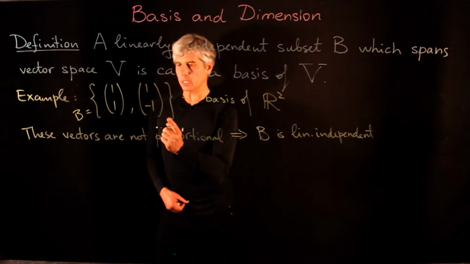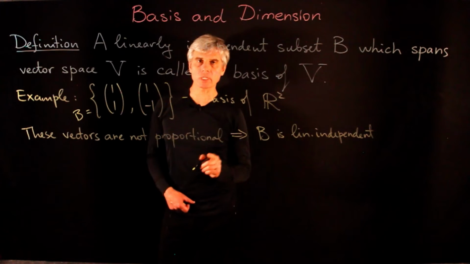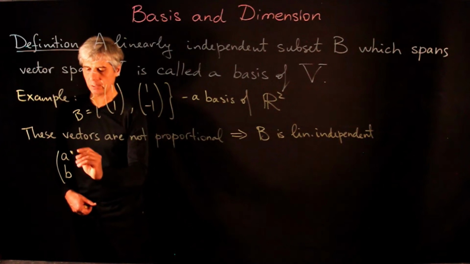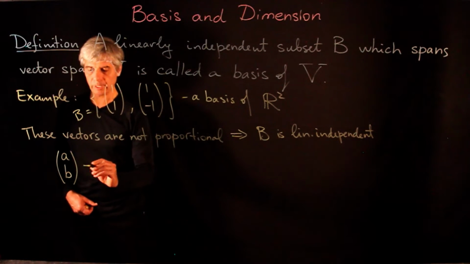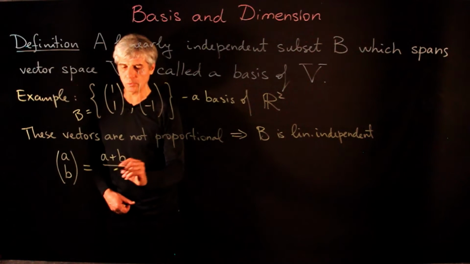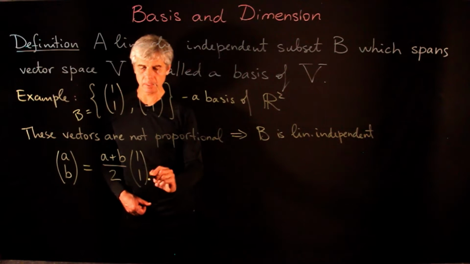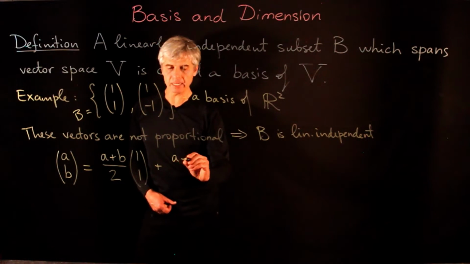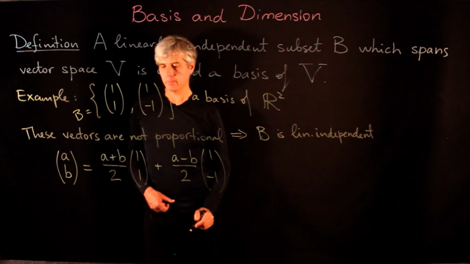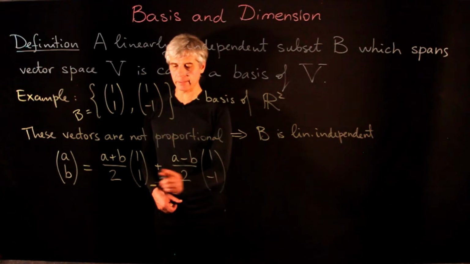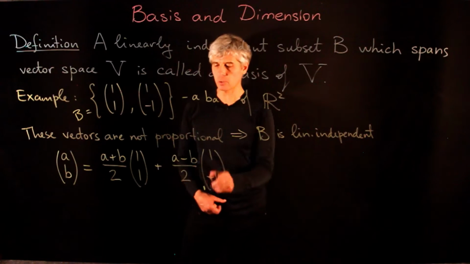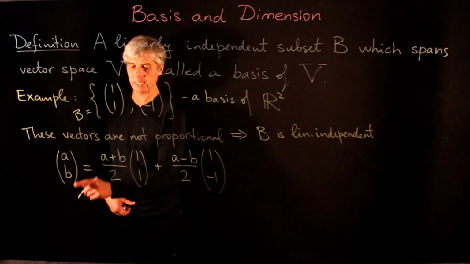It is also possible to show that these two vectors span R2. Indeed, let's take an arbitrary vector (a, b). We claim that this can be written as (a plus b) over 2 times (1, 1) plus (a minus b) over 2 times (1, minus 1). If we calculate the right-hand side, we can see that the result is exactly the left-hand side.